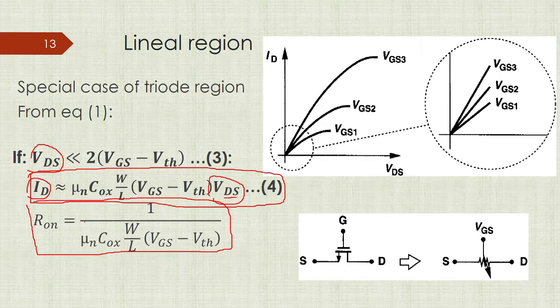This value is only valid when we are in the triode region but with small values of VDS. So we can control the resistance of this device by providing different gate source voltage. So we have a controlled resistance device.